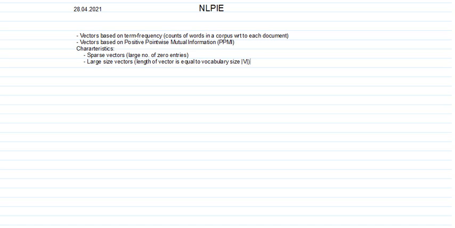Now what we can do is reduce the size using dimensionality reduction. That can be one way to reduce the size.